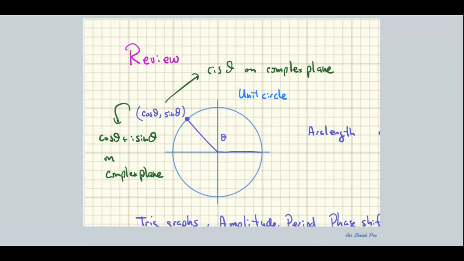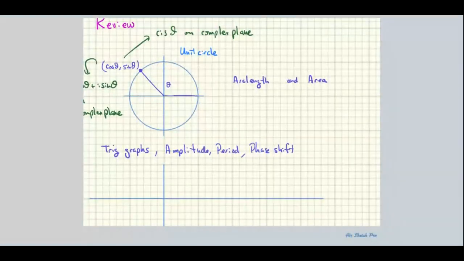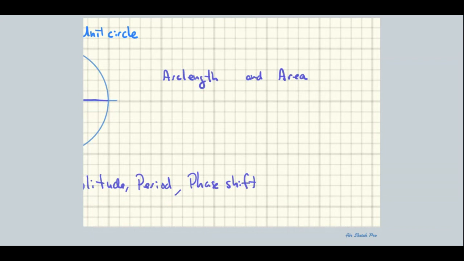Now, basic measurements that we came up with here were arc length and area, and those you had to know, right? And we also looked at angular speed and stuff like that. But let's go ahead and take a look at this right now, okay? There are some basic formulas that you need to remember.